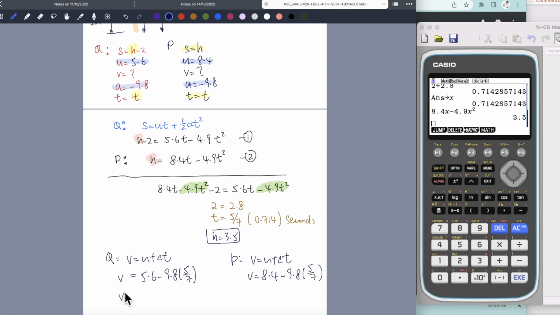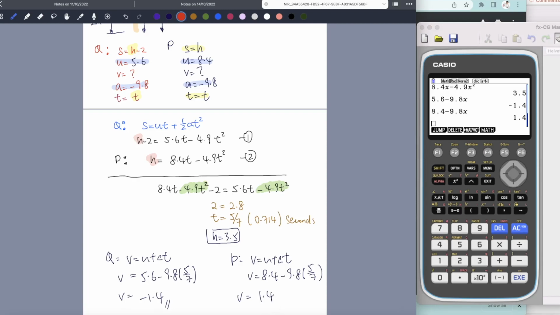And if we have done our time correctly, when we do our substitution, starting with 5.6 minus 9.8 lots of x, we should get minus 1.4. So minus 1.4 means it's traveling downwards at that stage. Negative 1.4 as a velocity. And at the same time, 8.4 minus 9.8 lots of x gives us positive 1.4, meaning that it's traveling upwards.